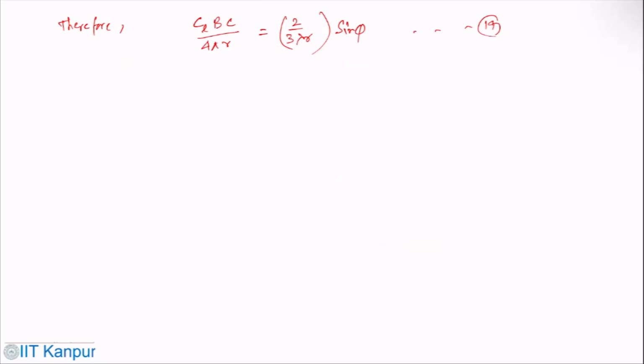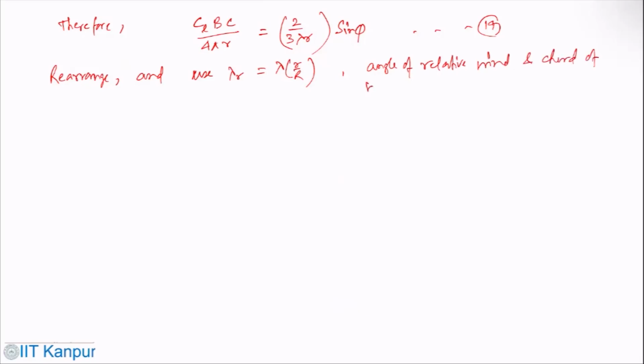Now if you rearrange and use lambda r equals lambda times r by R, one can determine the angle of relative wind and the chord of the blade for each section of the ideal rotor.